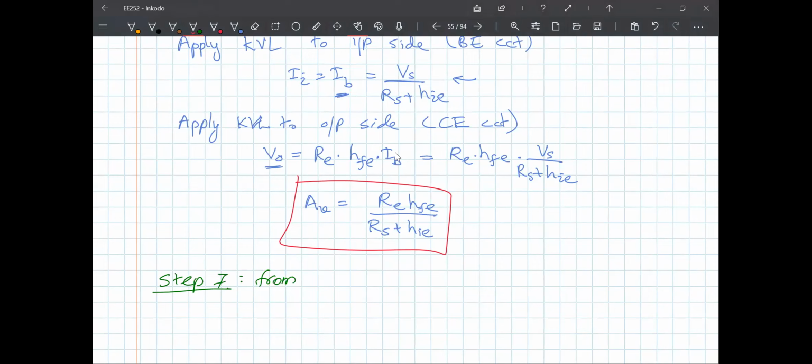Step 7: from A and beta, find D, AV with feedback, RIF, ROF and ROF dash, that is including RE in the circuit and without that. This is basically the last step that we need to do, so let me take this to the next page.